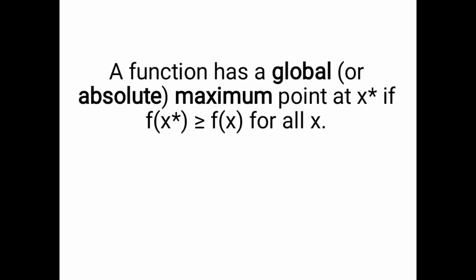Also, a function has a global or absolute maximum point at x star if f of x star is greater than or equal to f of x for all x.